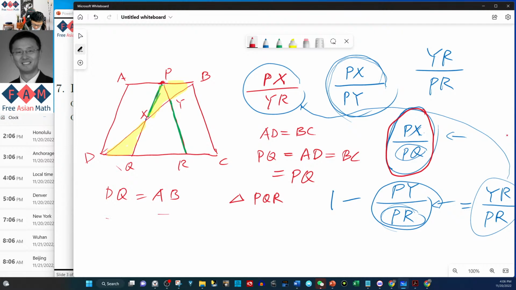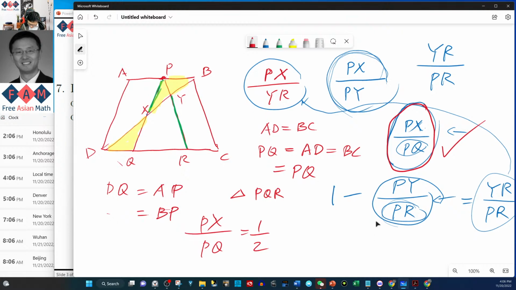Therefore, DQ equals AP, I'm sorry, not AB, AP, but that also equals BP, right? So the yellow highlighted triangles are not just similar, they're actually congruent, but from that point we know PX over PQ is just 1 to 2. So check, we have done this.